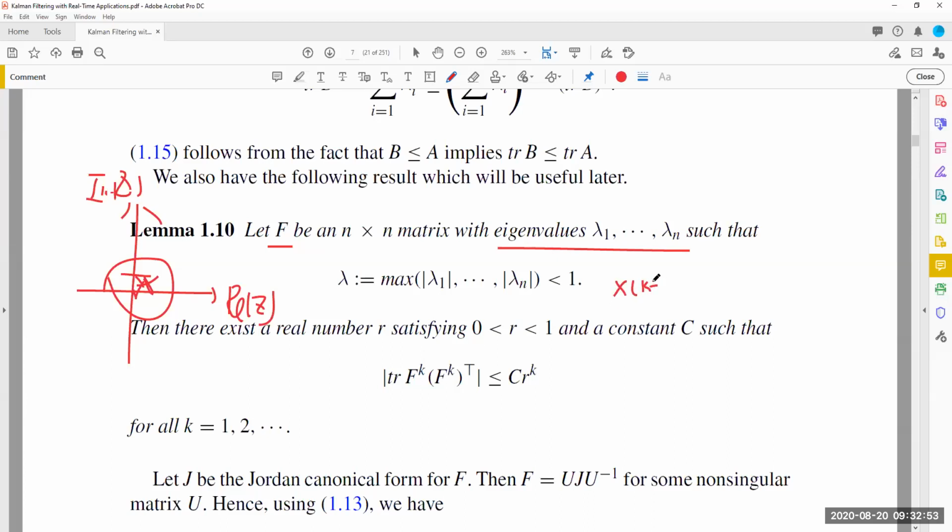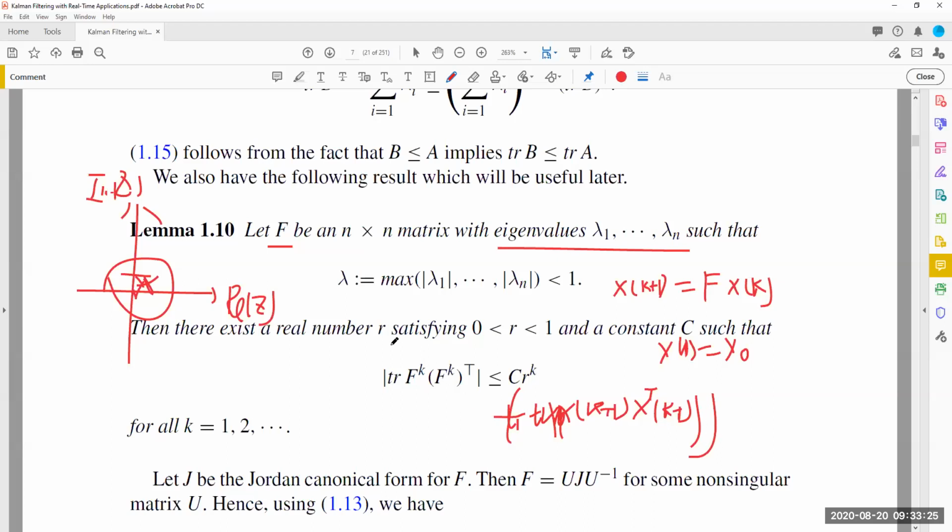If you have a discrete time system x_{k+1} equals F x_k, with x_0 as the initial state, then you know x_{k+1}. If you take the trace and the absolute value, it becomes something like x_0, then F^k, then F^k transpose, x_0, then you have the trace.